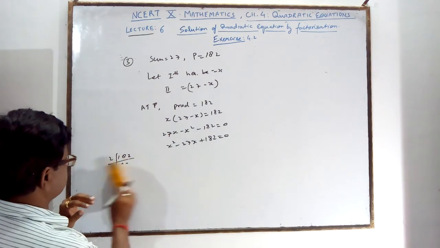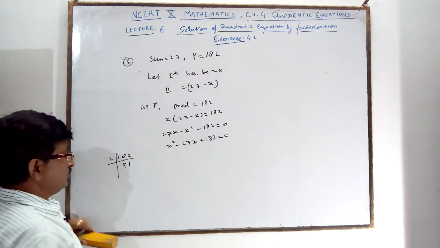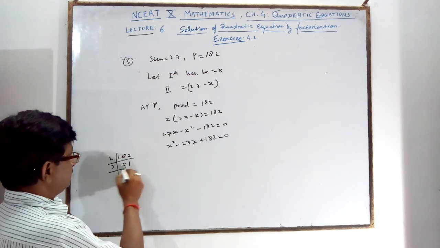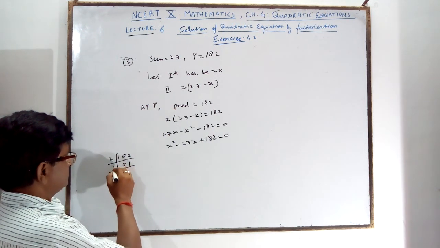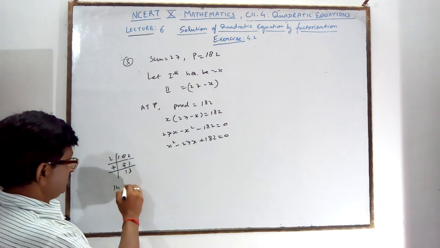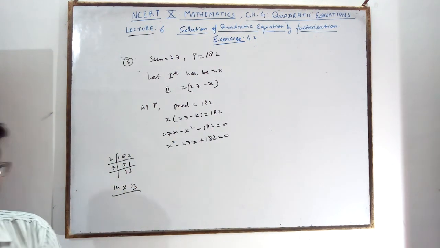Factorization will be 2 times 91, 7 times 13. So 14 and 13 you are getting directly. Directly you are getting 14 and 13.